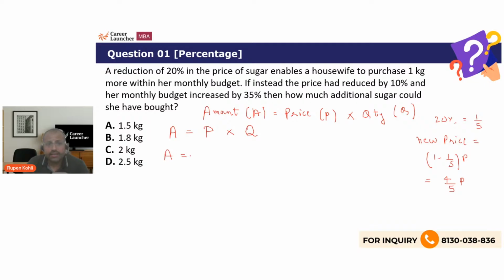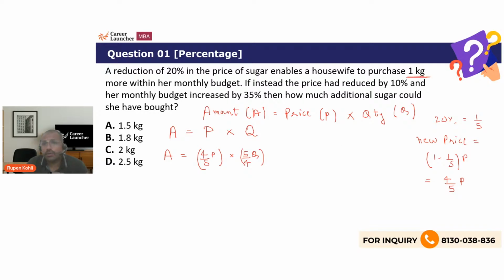So if the price has become 4/5 of its initial, to balance the change, the quantity which can be bought must become 5 by 4 times, so that the same amount is maintained. So the new quantity bought is 5 by 4 times the initial.